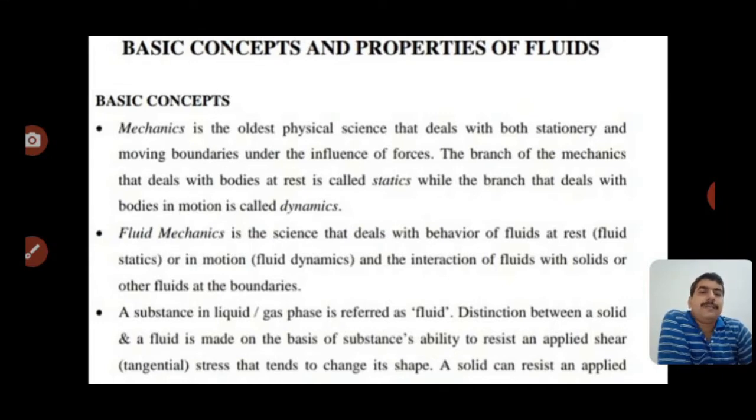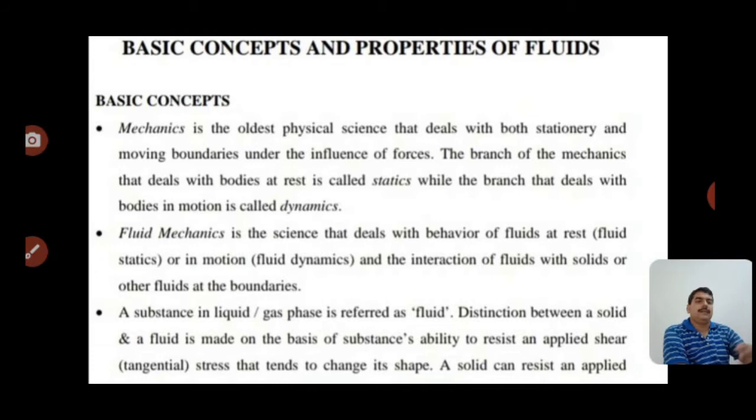Now, next one is a substance in liquid or gas. Fluid is matter that has three states. Nowadays, four states of matter are recognized. First is solid, second is liquid, and third is gas.